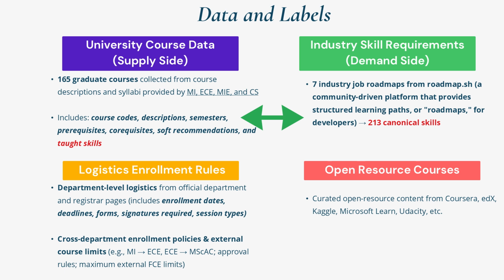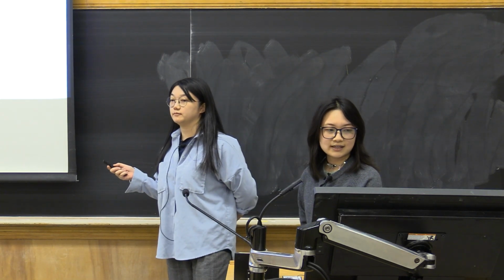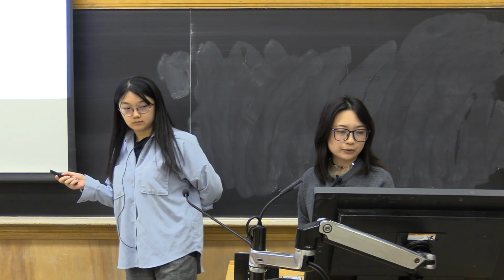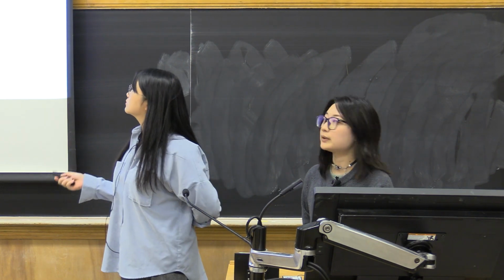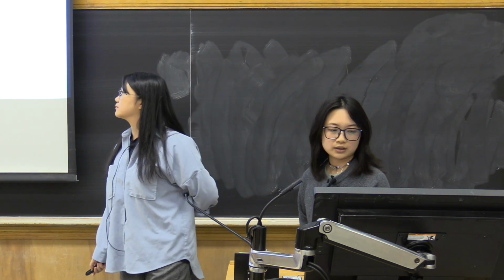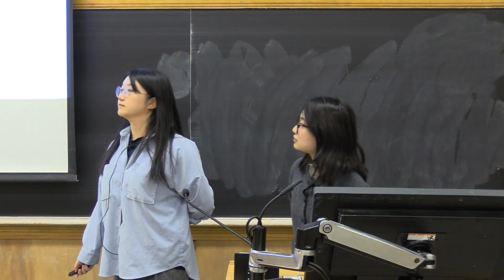Finally, we created open resource content from trusted learning platforms. These 4 datasets serve as our ground truth because we manually mapped each course to the skill dataset. We also utilized our academic experience to judge whether the recommended courses are appropriate.